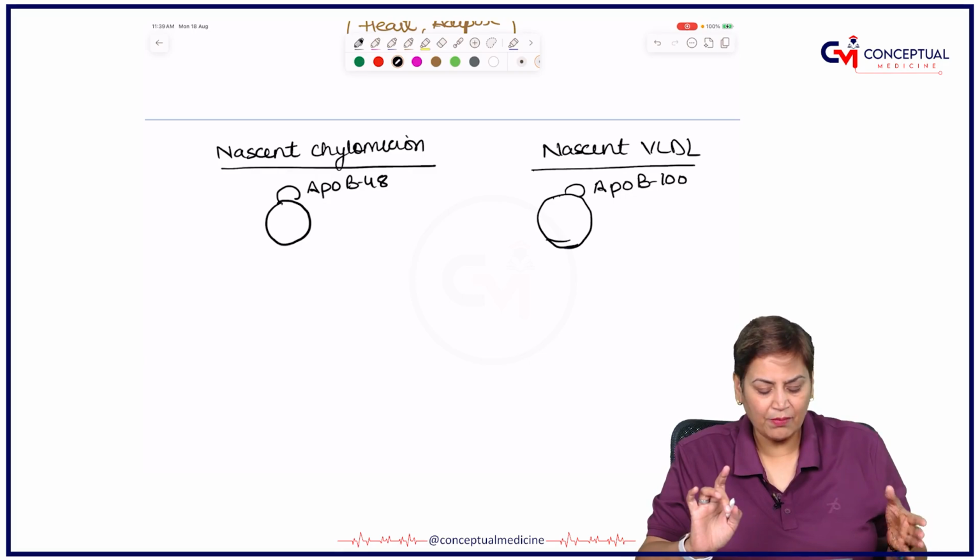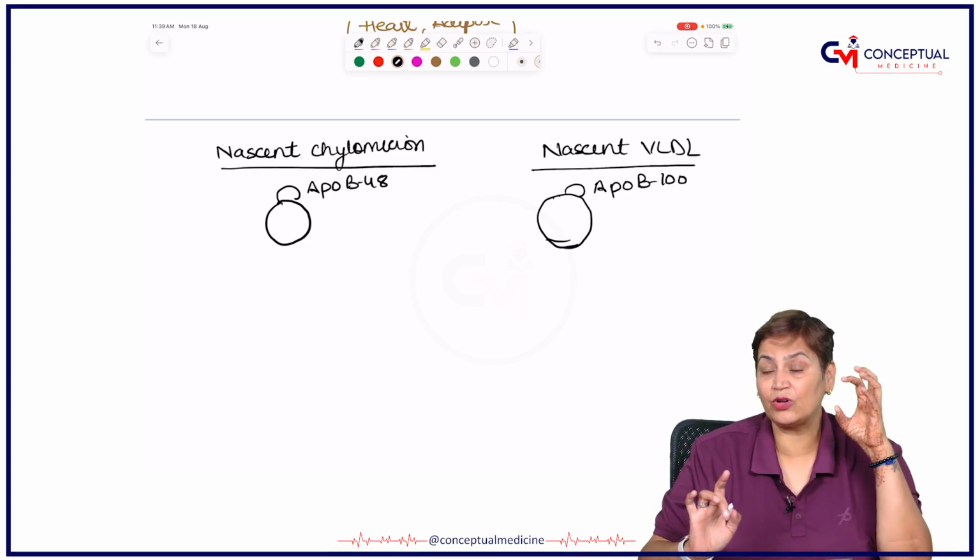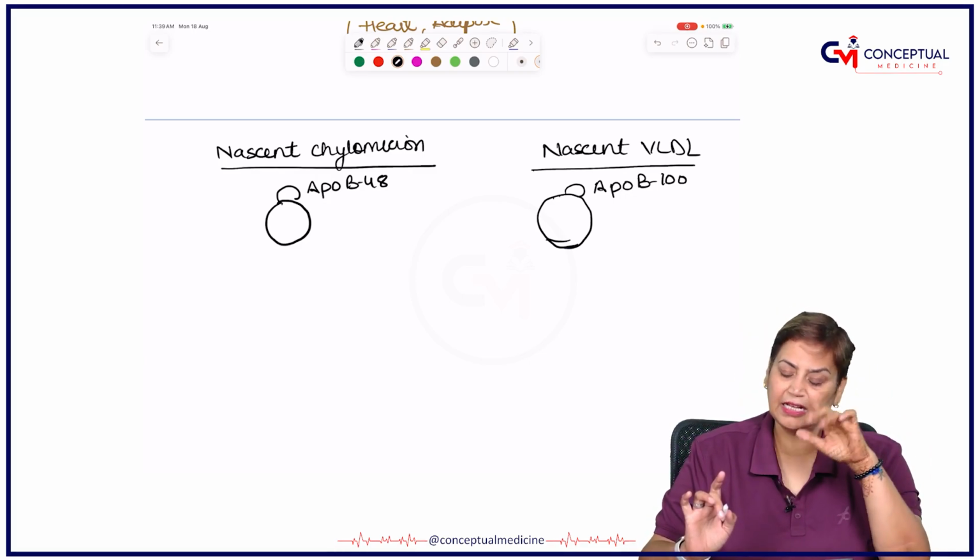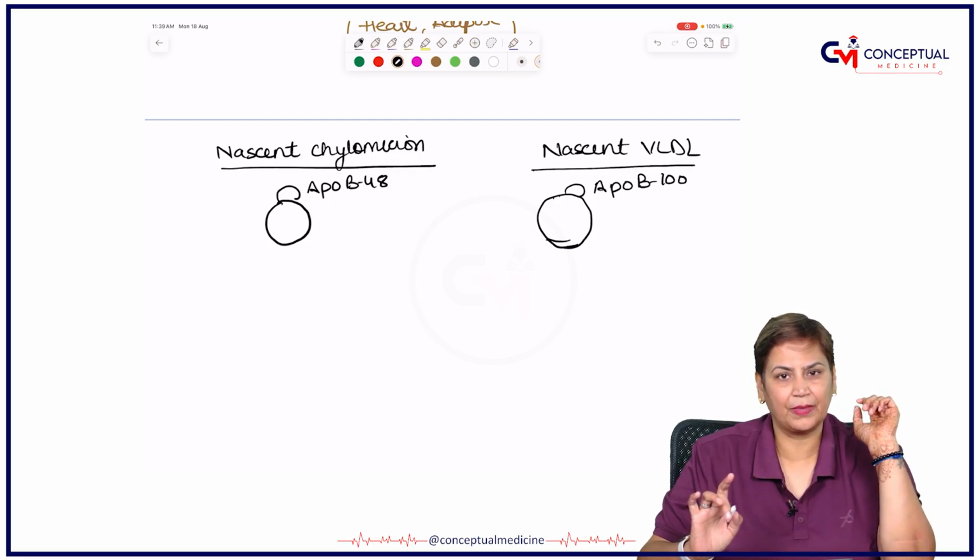But you have to remember that there is a difference. Chylomicrons have more fat content in comparison to VLDL, right?